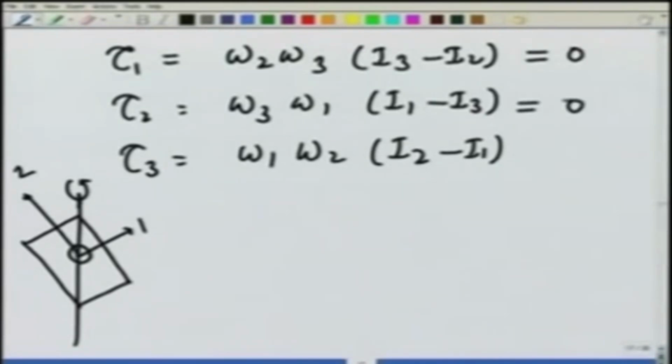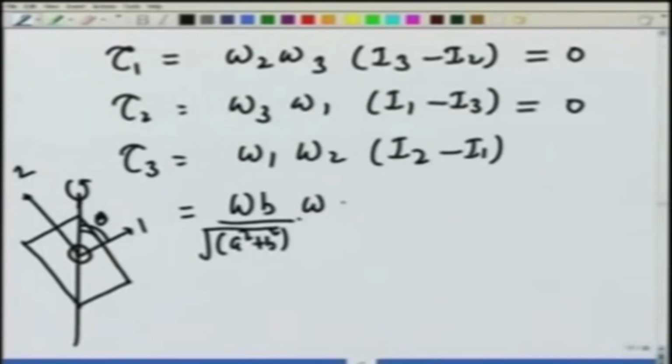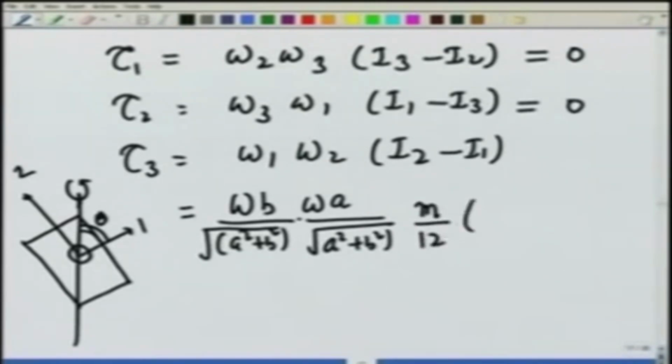How about tau 3? It comes out to be omega 1, which is omega cosine of this angle. So, omega cosine of this angle is b over square root of a square plus b square, times omega 2, which is omega sine theta, which is omega a over square root of a square plus b square, times I2 minus I1, which is m over 12 b square minus a square.